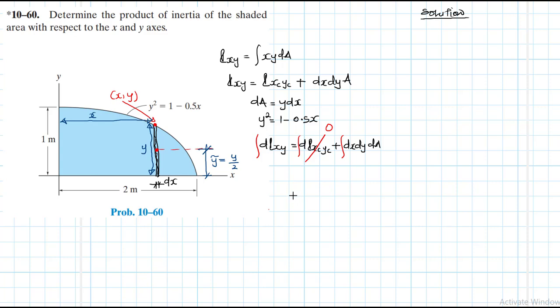So product of inertia is equal to 0 when x or y axis is an axis of symmetry, right? So we just remain with the second term. So let's write that.